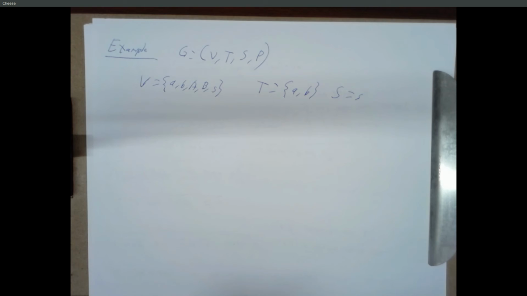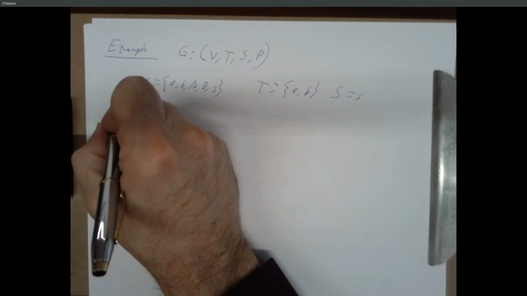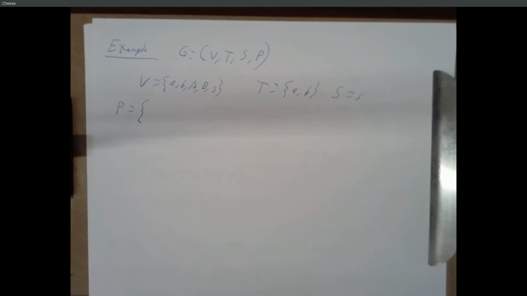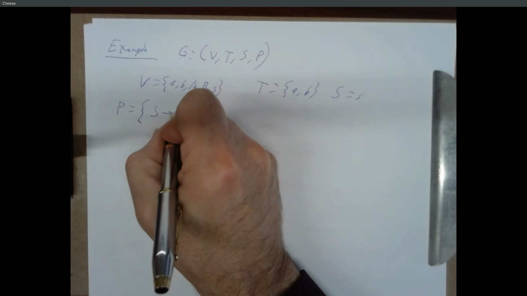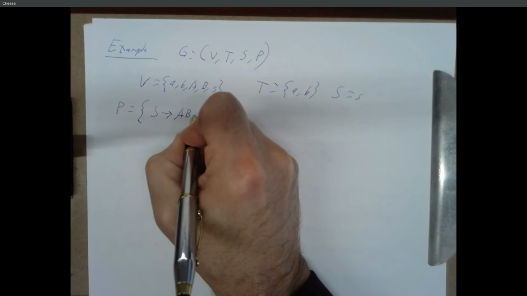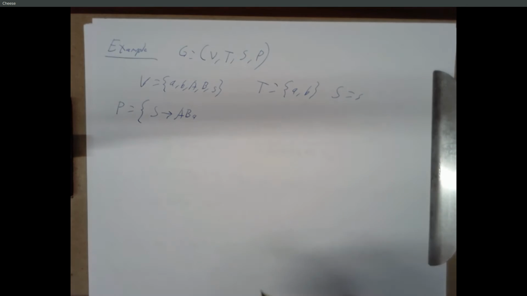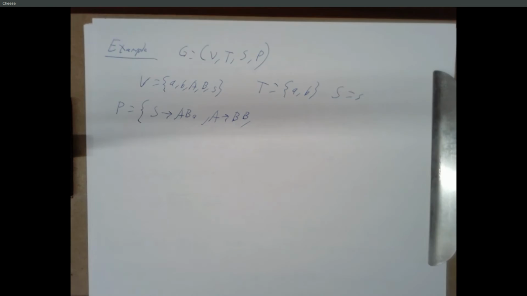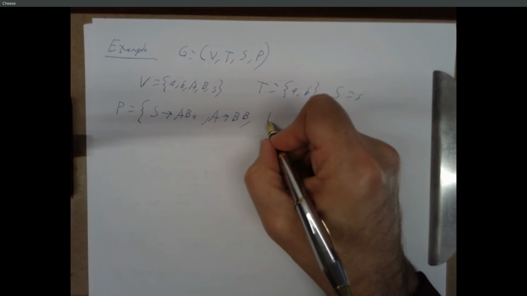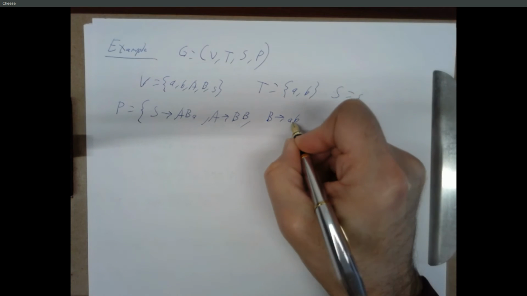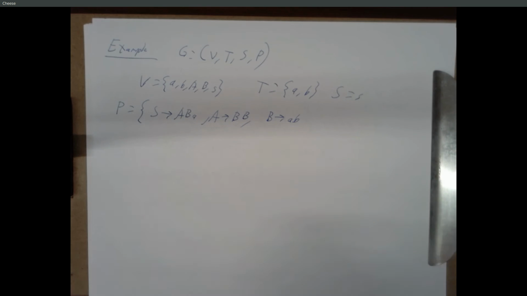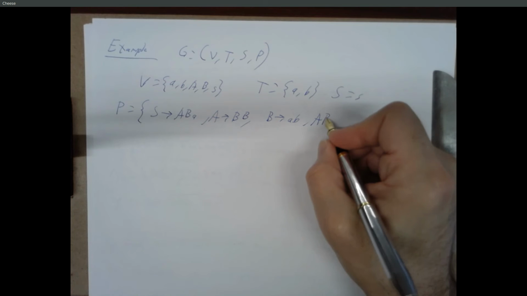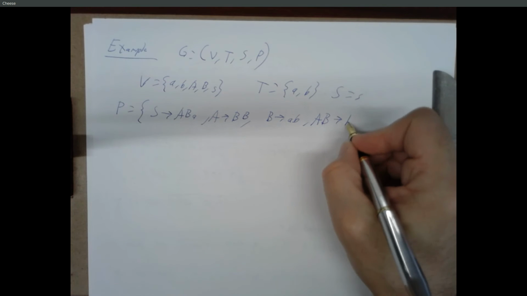Our start symbol S is just going to be this symbol S. And our productions are going to be the following rules. S goes to big A, big B, little a, big A goes to big B, big B goes to little a, little b, and big A, big B goes to big B, little b.